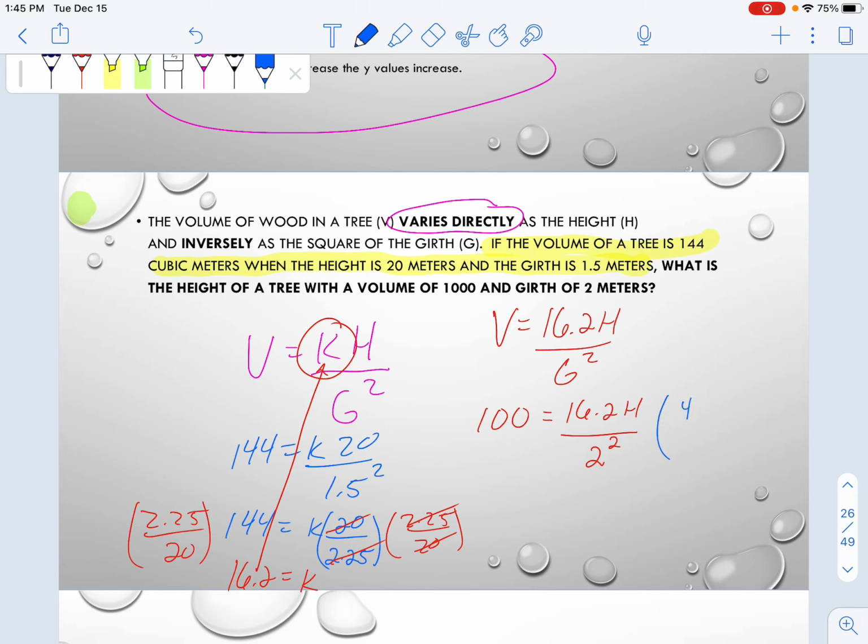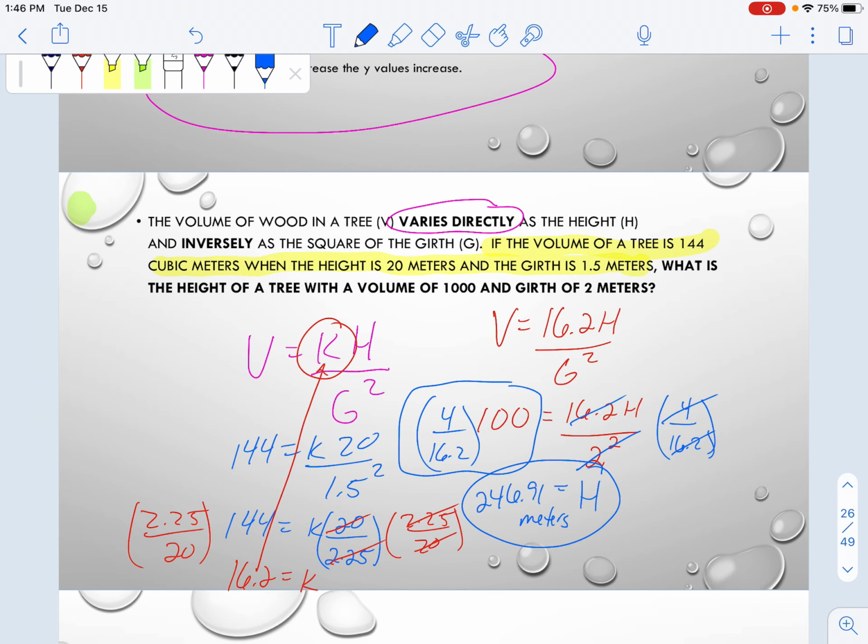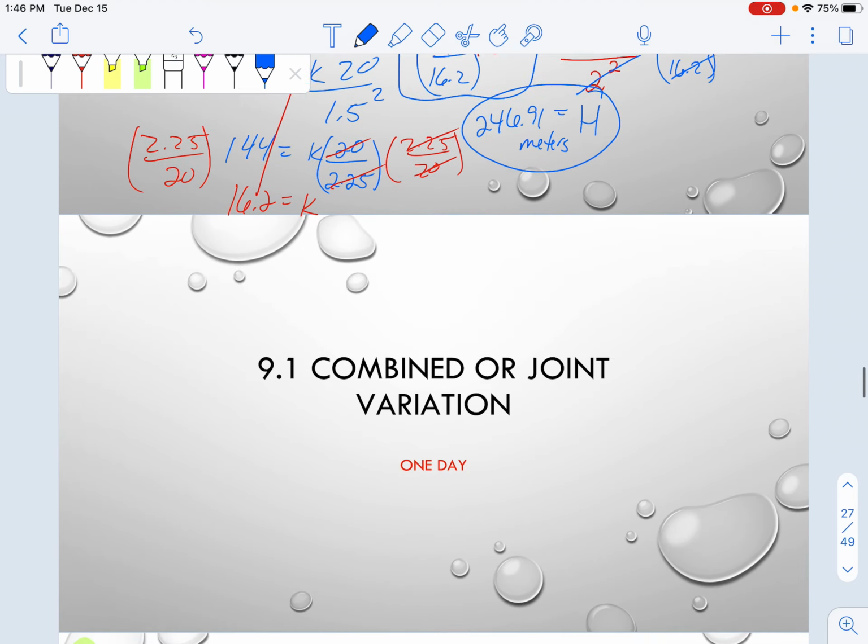We multiply by the reciprocal on both sides. So the 4's drop, the 16.2's drop, and we can solve for the height. When we multiply this out, we get a very tall tree, 246.91 meters is our units of measurement. That's a huge tree.